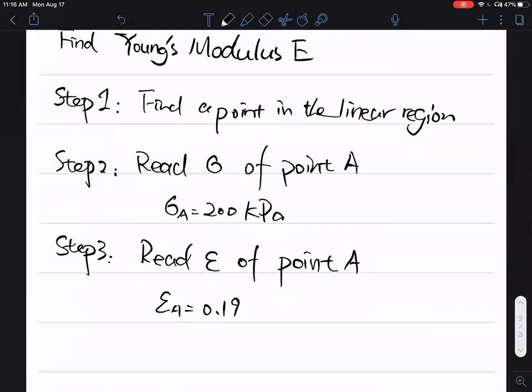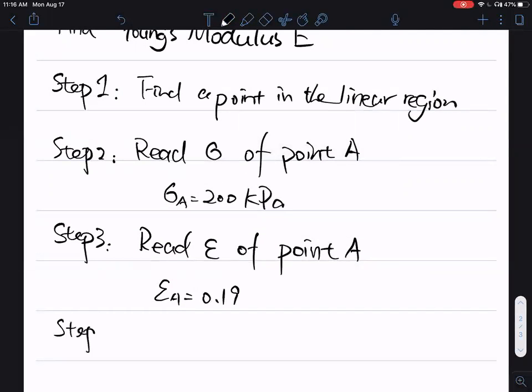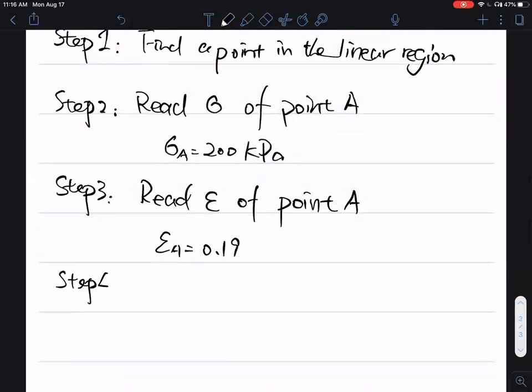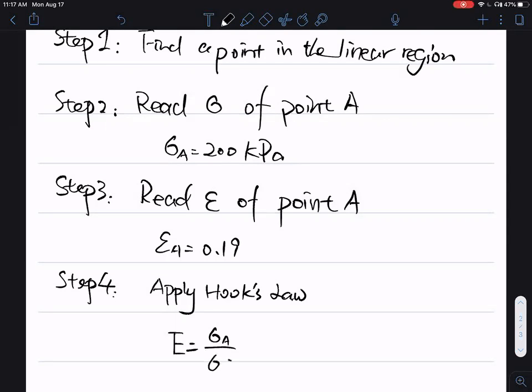And step 4 is to apply Hooke's law to find Young's modulus. Or you can say apply the definition of Young's modulus. E equals sigma A over epsilon A. Plugging in numbers, that's 200 kilopascal divided by 0.19.